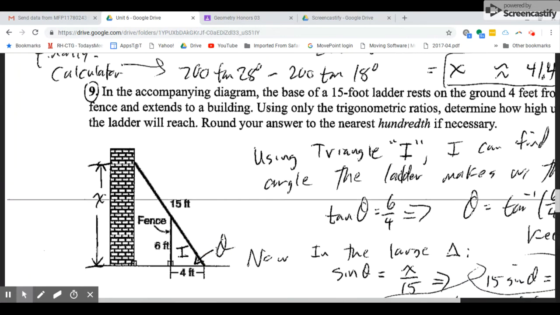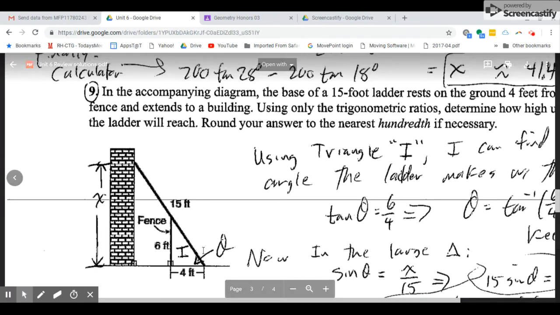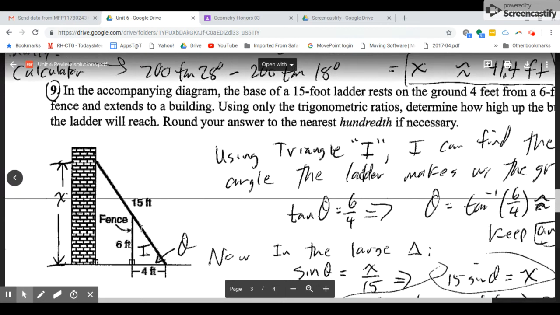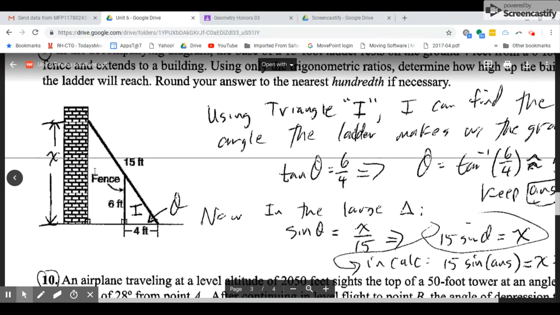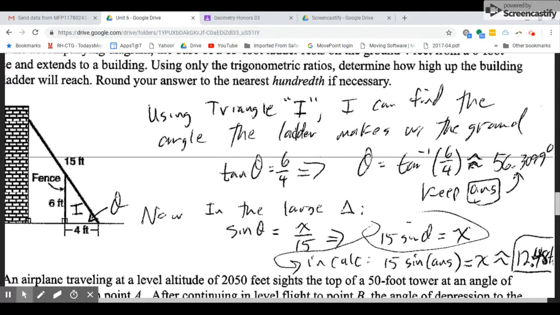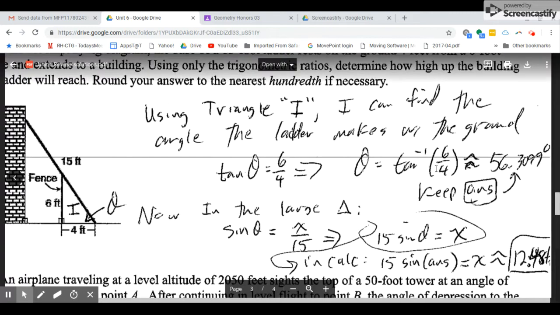Okay, so then you're like, okay, I have to find the angle anyway, because in this little triangle, I can find the angle using tangent, inverse tan of 6 over 4, right? And then once you find that angle, you're going to use this big triangle. You've got opposite over hypotenuse, which is x over 15. That's the sine. The sine is opposite over hypotenuse, so it's x over 15. And you already found the theta here. If you did inverse tan of 6 over 4 and calculated that in the calculator, just keep that answer in there.